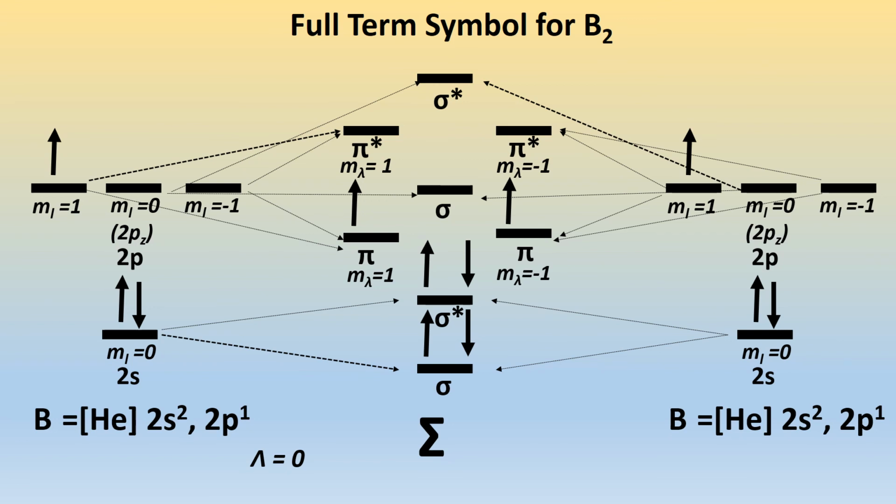As there are two unshared electrons, the total spin, sigma, is going to be equal to 1. And you will have a triple degeneracy of 2S plus 1, which is 3. Similarly, the omega value of lambda plus sigma is again going to be 1.